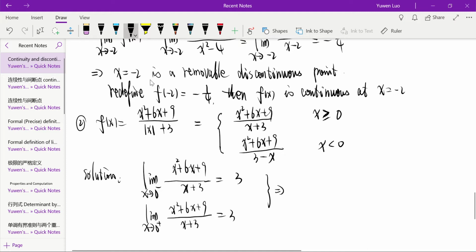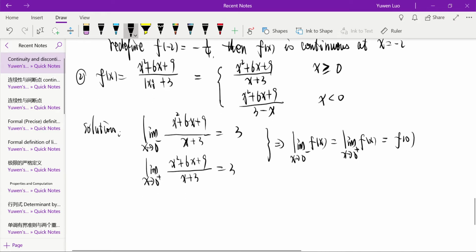So from the left equals from the right, equals f(0) when x equals 0.